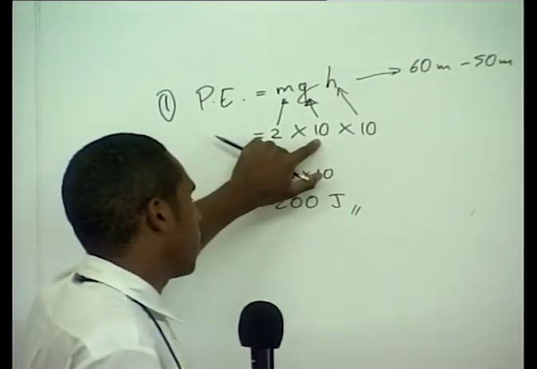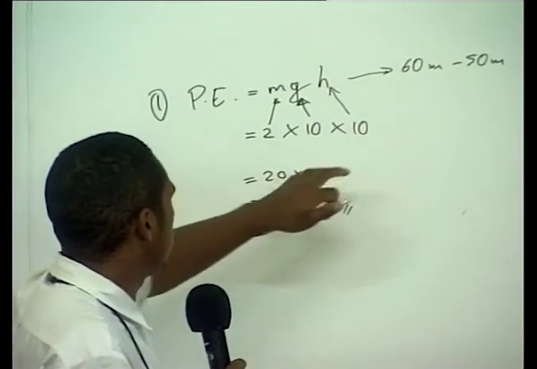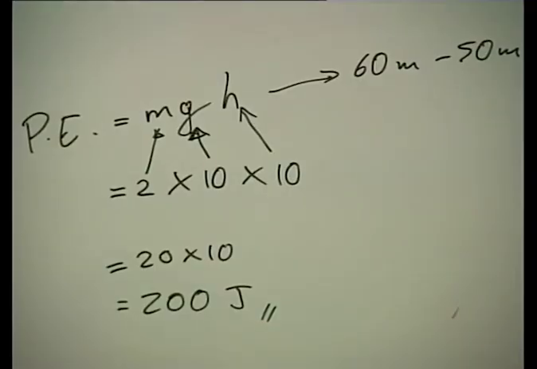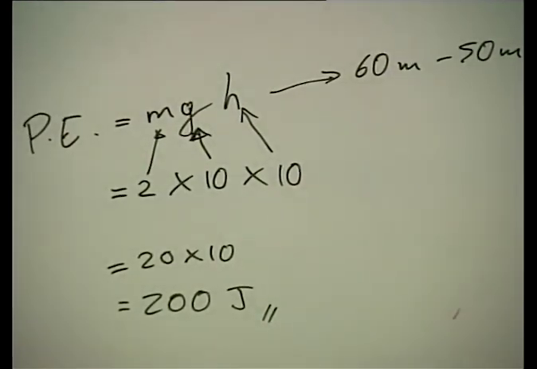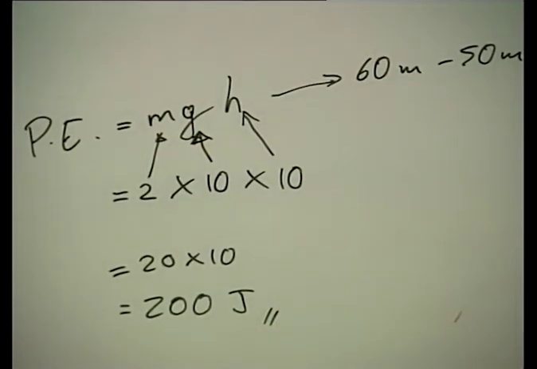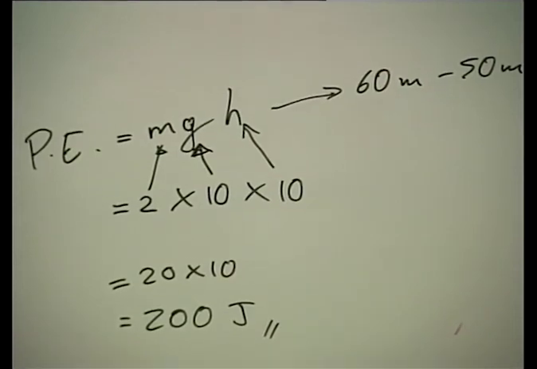That's from gravitational acceleration. The height 60 meters minus 50, and you get 200 joules of potential energy. All right, hands up those students who got that answer. Okay, good. That is correct for question number 1. Moving on to question 2.